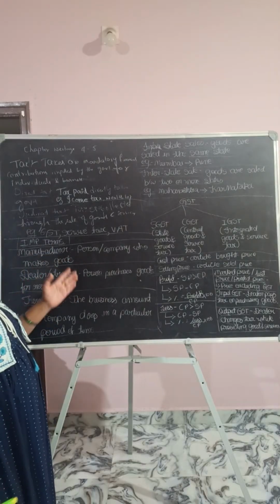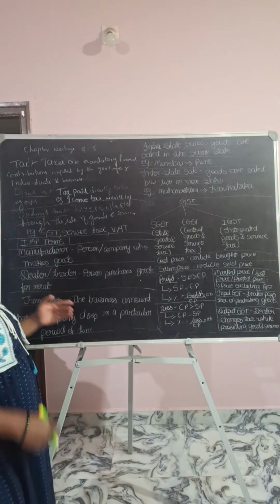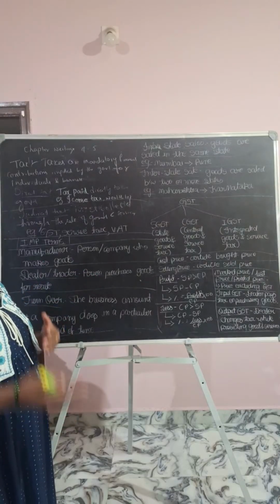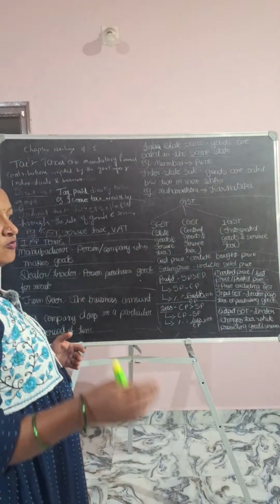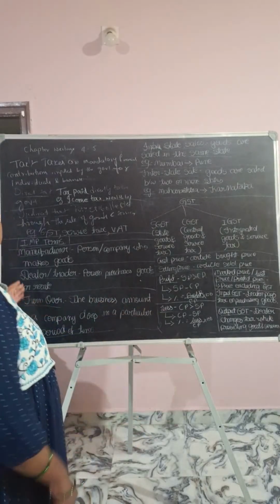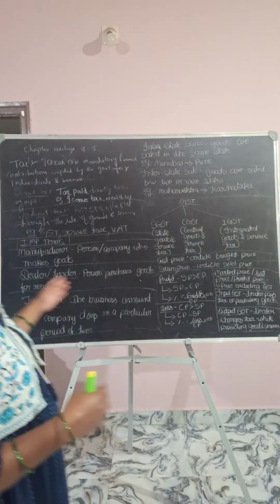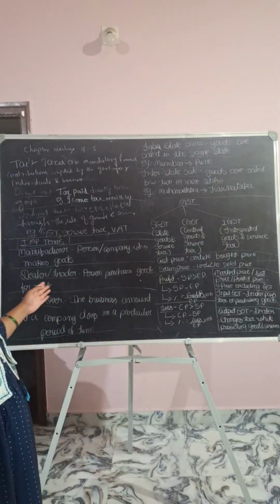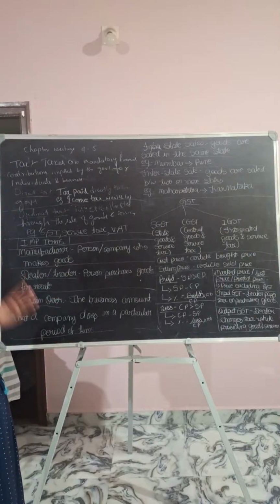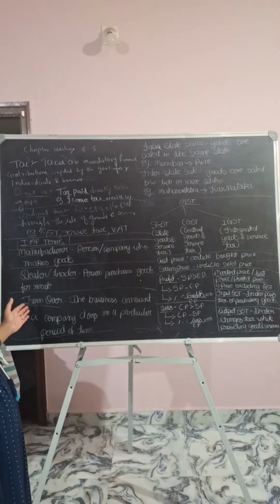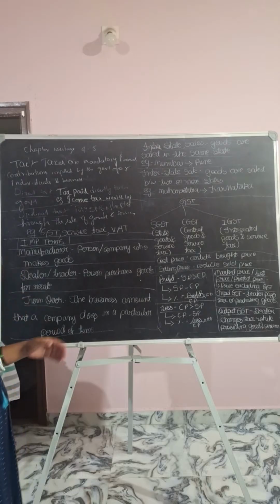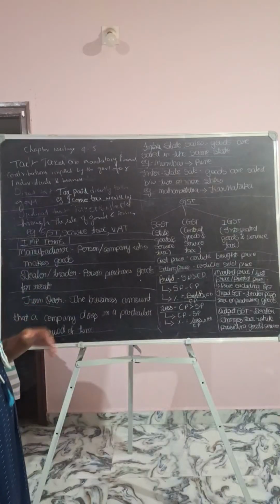Next comes a dealer or trader. A person who purchases goods for resale, that means for the selling purpose, is called a dealer or trader. Next, the term is turnover. Here it is an important term.